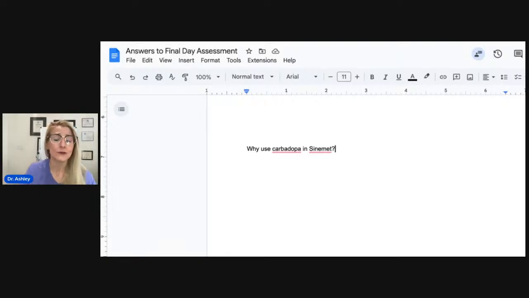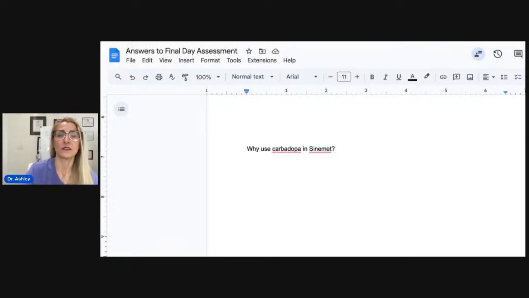If we were asked what's the mainstay of therapy or what's first line, yes, carbidopa levodopa, Sinemet is first line. It is preferred. For a young patient, dopamine agonists would be preferred. But in this particular question we had varying doses, so they wanted to know what's a starting dose. That was the big key. We had to know a starting dose of a dopamine agonist because it was a young patient.